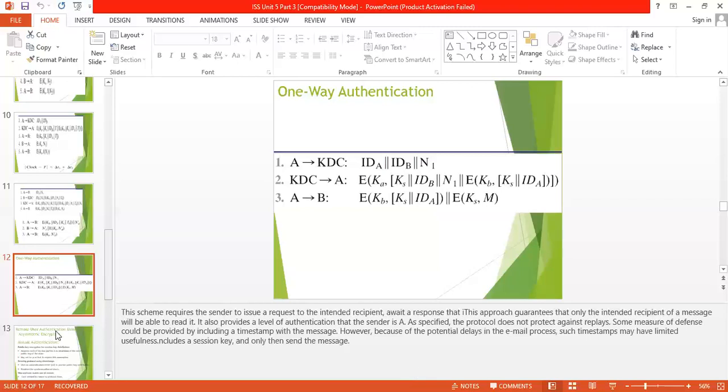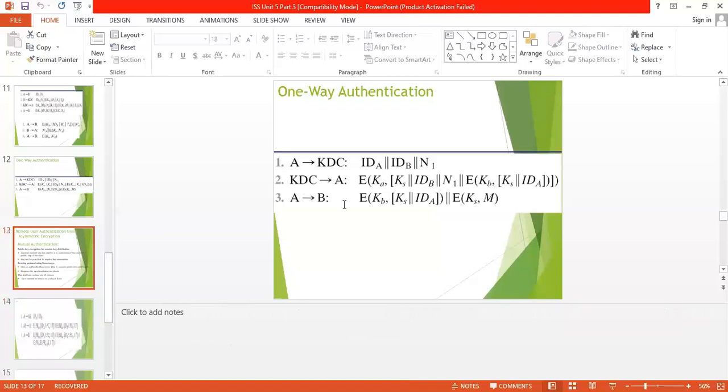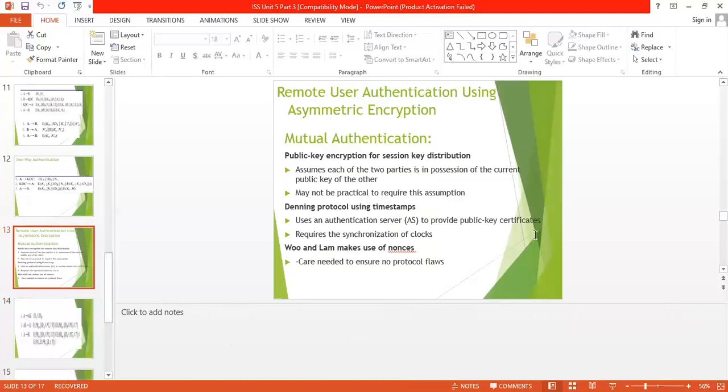After this, we discuss remote user authentication using asymmetric encryption. There are some approaches for mutual authentication. One is public key encryption for session key distribution. In this, we assume two parties are in possession of the current public key, and it may not be practical to require this assumption.